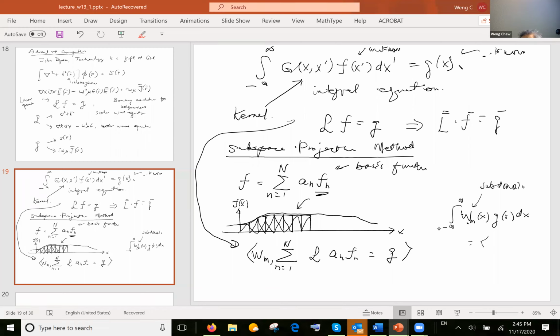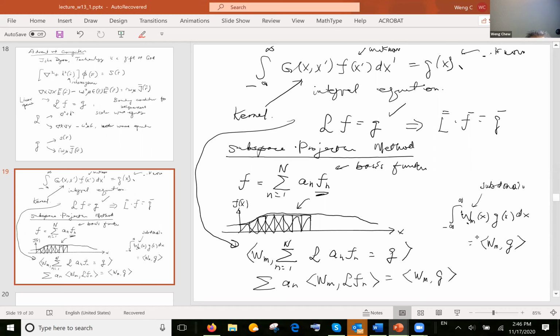Usually this can be written in shorthand notation as an inner product between W and G. So I multiply this equation, and then finally I will have the sum of a_n times the inner product of W_m with L f_n is equal to the inner product of W_m with G, where n goes from 1 to N.